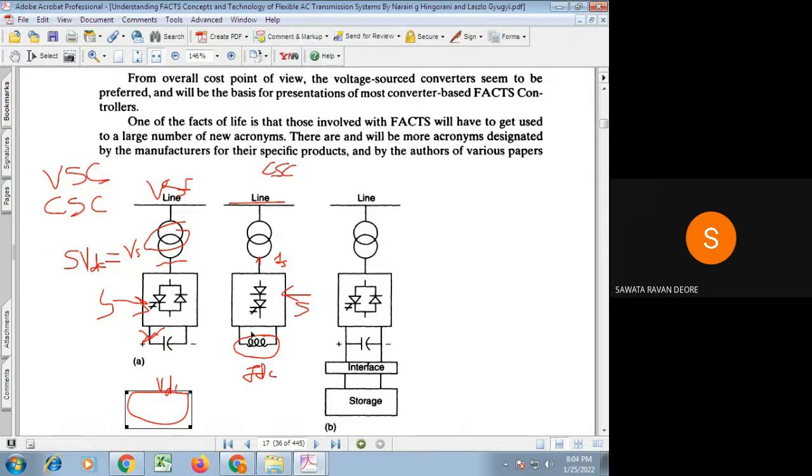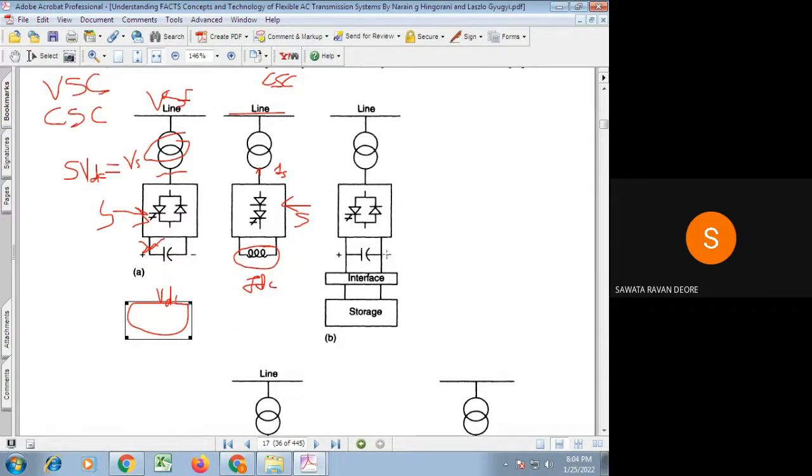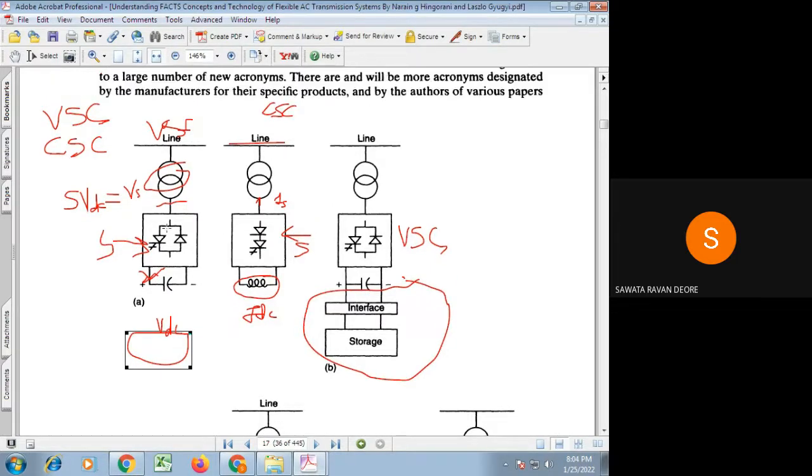Now here there is one example mentioned of a voltage source converter, but it is having a storage. As I said, this simple voltage source converter or current source converter is capable only of reactive power exchange.